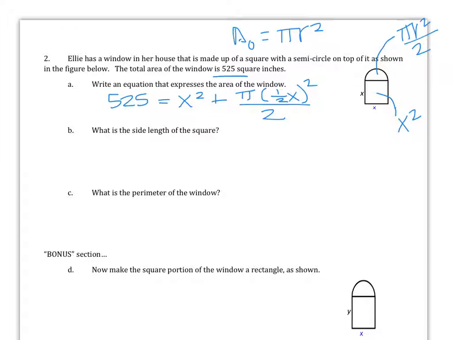Okay, now we're just going to work on simplifying this so it's not quite as ugly as it looks right now. Okay, half of x squared is actually 1/4 x squared, right? So if I square half of x, I'm going to apply that square to both the half and the x. So I'm going to get pi times 1/4 x squared.